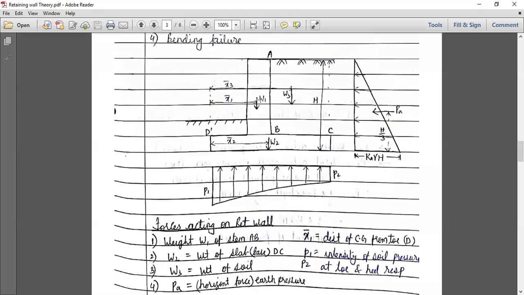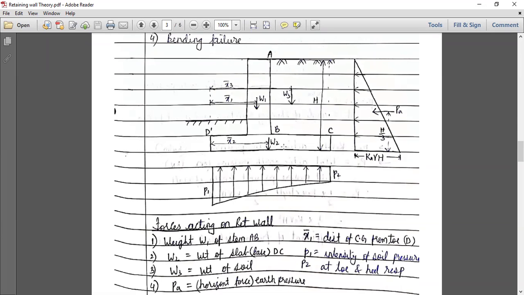Let us say W1 is the weight of the stem AB, and let W2 be the weight of the base slab. Okay, the whole base slab, toe and heel both together, is considered as the base slab. W2 is the weight of that, and W3 is the weight of the soil.